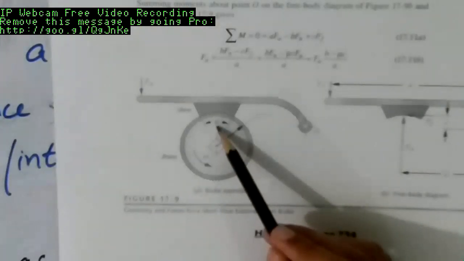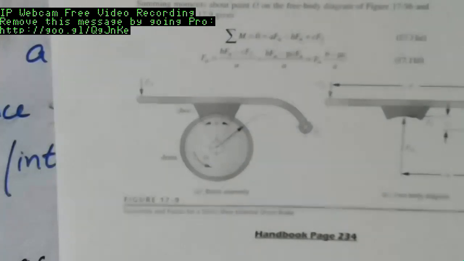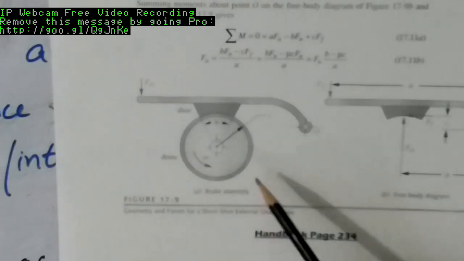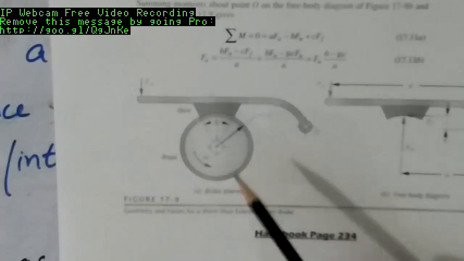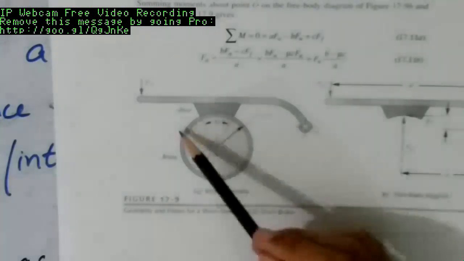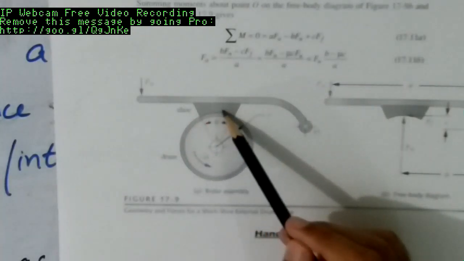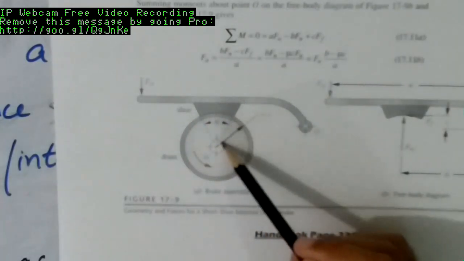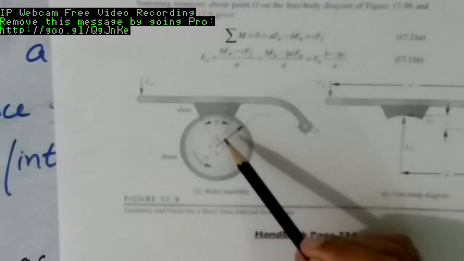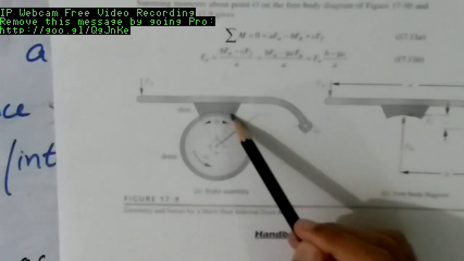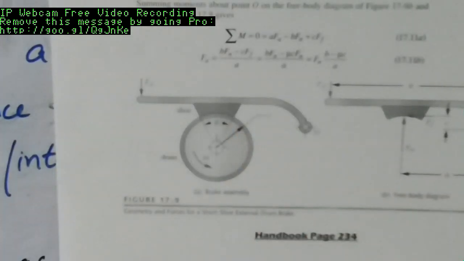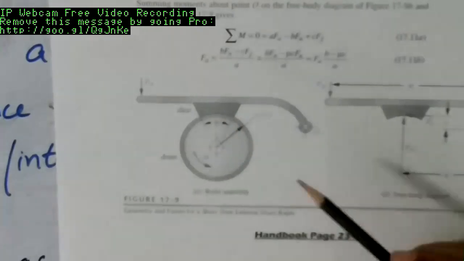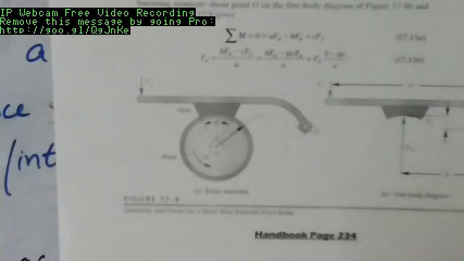So this angle theta is what I am talking about here, which should be less than 45 degrees for this to be called a short shoe. If this shoe is longer, if this shoe is bigger, the angle subtended, this angle theta, will be greater than 45, and in that case it will be called a long shoe brake. So this is the only difference, otherwise the working principle is the same.